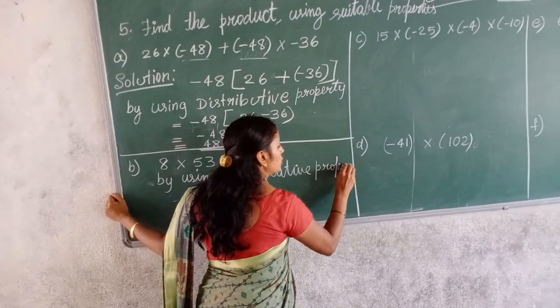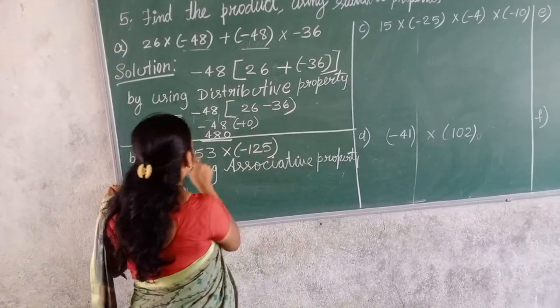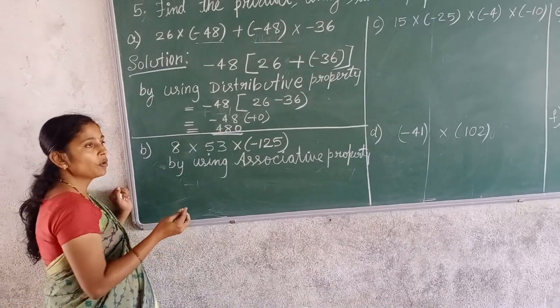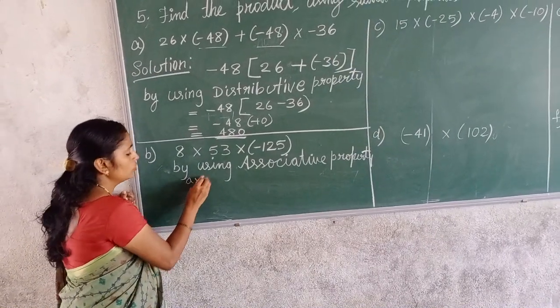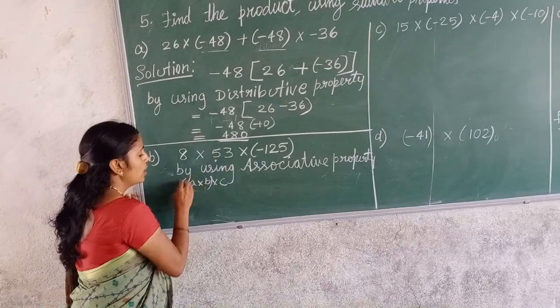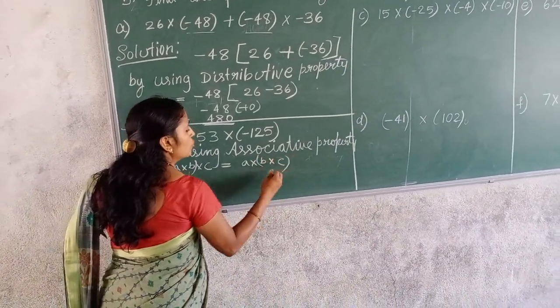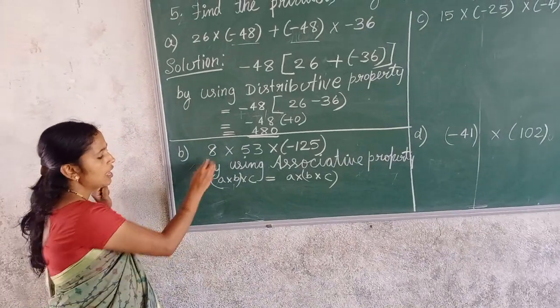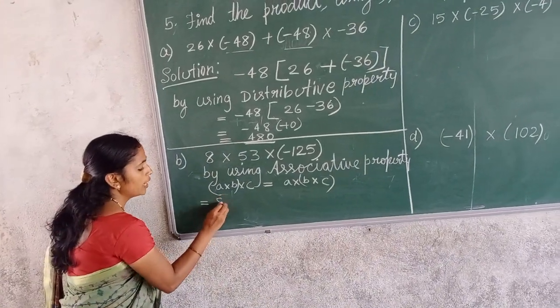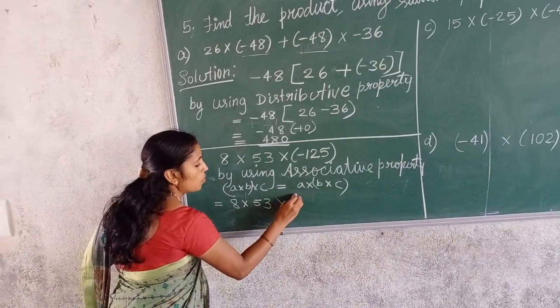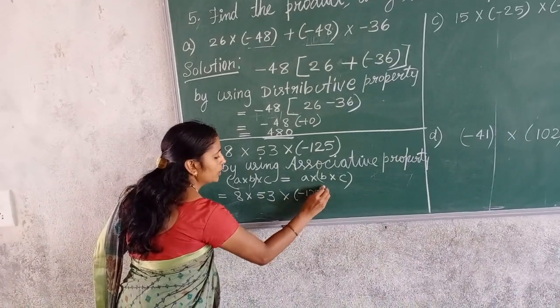Why? There are three numbers, so you can make a pair. In the associative property, how will you do it? A into B into C is equal to A into B into C. So by using this, either first you do 8 into 53 into minus 125.